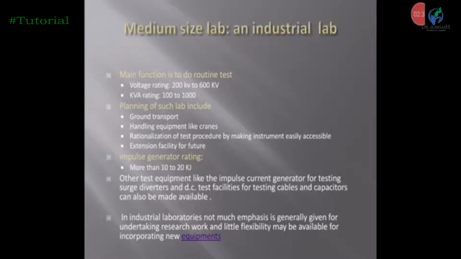Medium size lab and industrial lab. The main function is to do routine tests. Voltage rating will be 200 kilovolt to 600 kilovolt. kVA rating will be 100 to 1000 kVA. Planning of such a lab includes good ground transport.